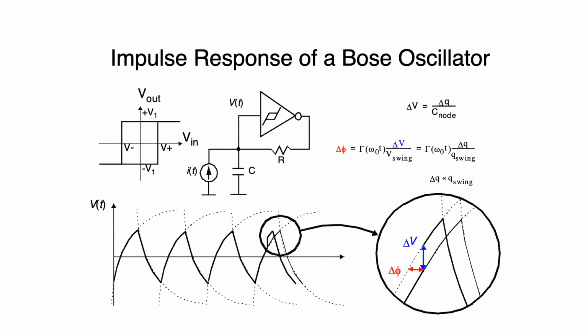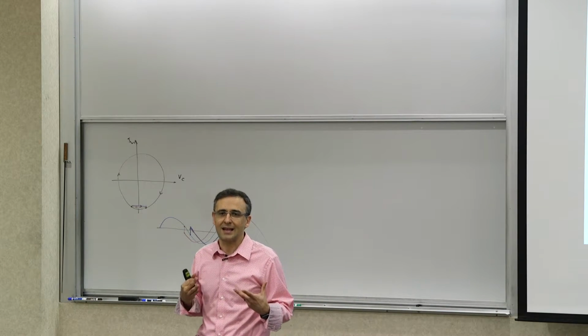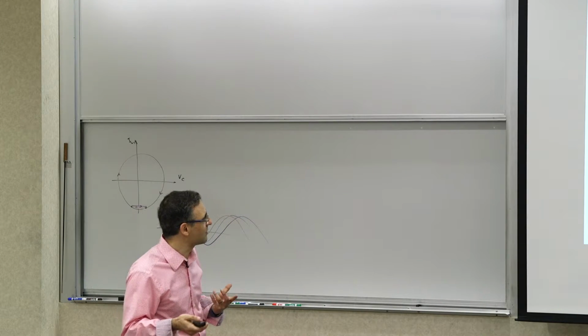What you can see from this picture is that if you instantaneously apply a perturbation, a sudden change in the voltage due to an injection of impulse, that corresponds to a shift in time or a shift in phase, right? Again, this oscillator will have its own ISF for this noise source, meaning that an injection of charge normalized to the maximum charge swing corresponds to a certain amount of phase shift, determined by yet another gamma, another impulse sensitivity function.